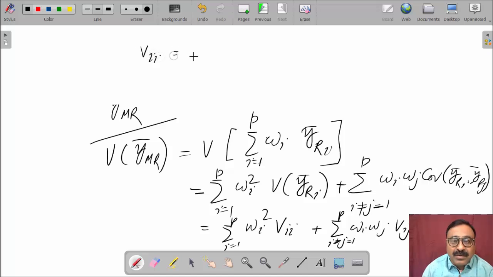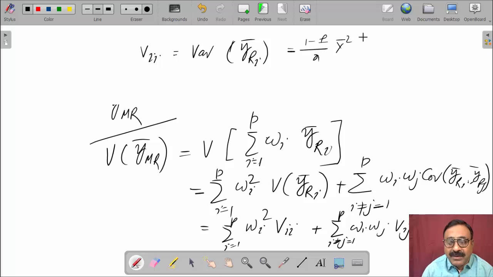Vii equals variance of the ith ratio estimator with the ith auxiliary variable. So that is equal to (1 minus f) by n y bar square times c0 square plus ci square minus 2 rho 0i c0 ci, i equal to 1 to p.